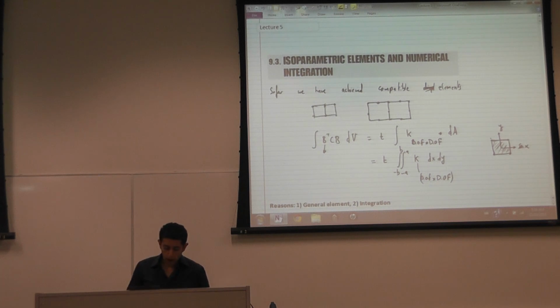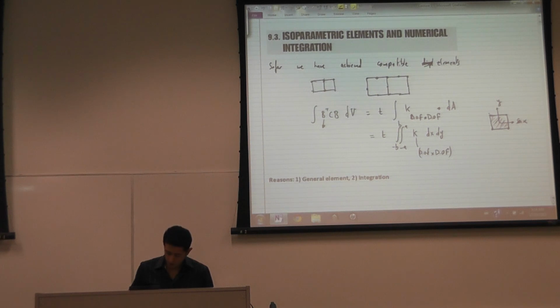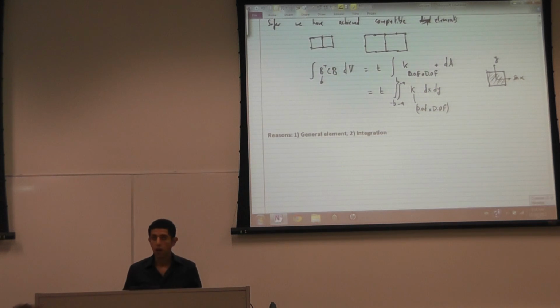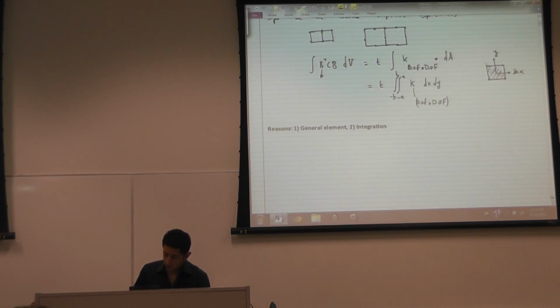Now, this is fine as long as the domain is regular. Once the domain is irregular, then I need a better method. First, I need an element by which I'm able to model an object that looks like this.